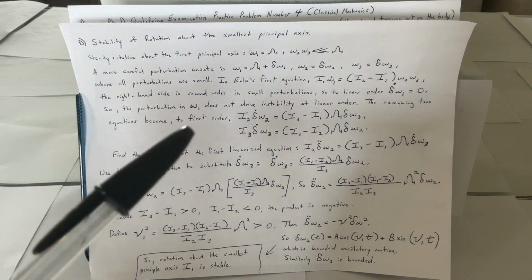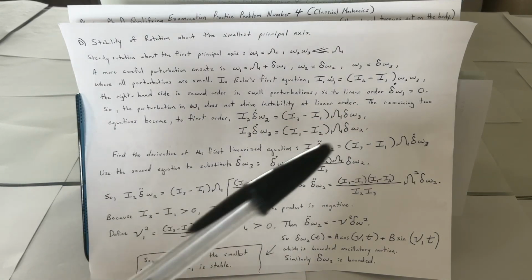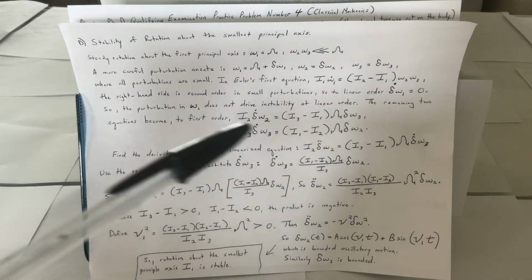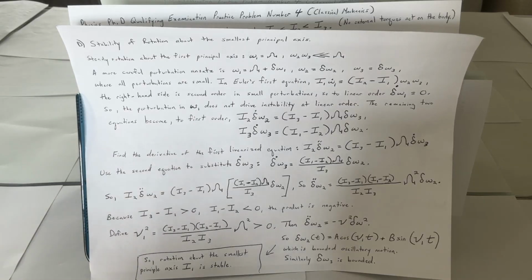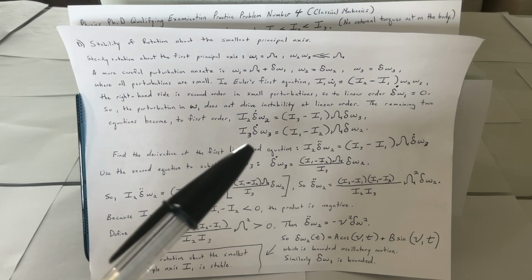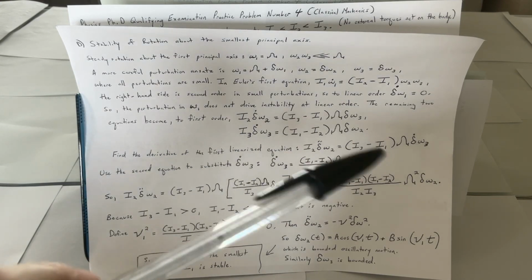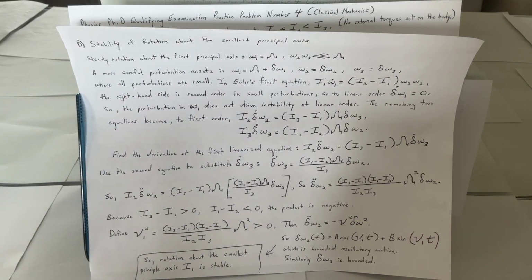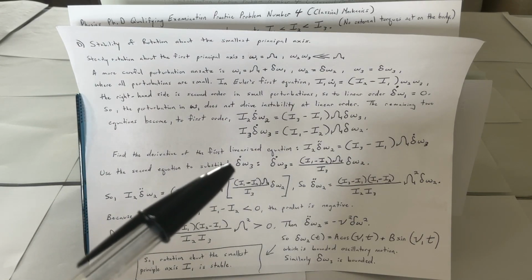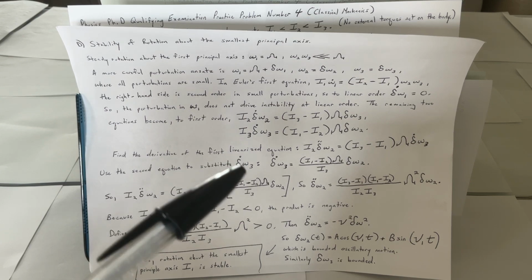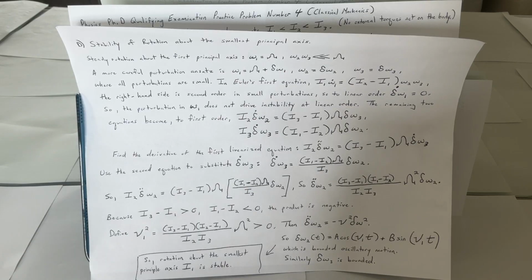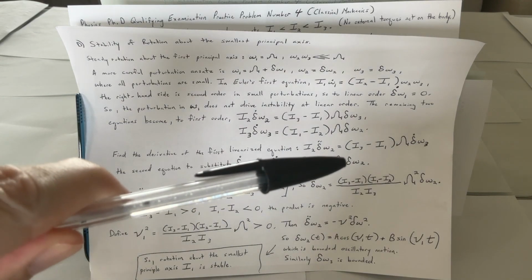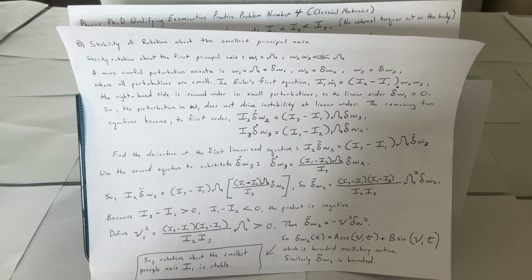The remaining two equations become, to first order, the following. So this is the first one, the second one. Sorry about the way I construct the deltas. We're going to take the derivative of the first linearized equation. From there, we're going to use the second equation, substitute this delta dot omega sub 3, and then we're going to get that equal to I sub 1 minus I sub 2 capital omega over I sub 3 delta omega sub 2.